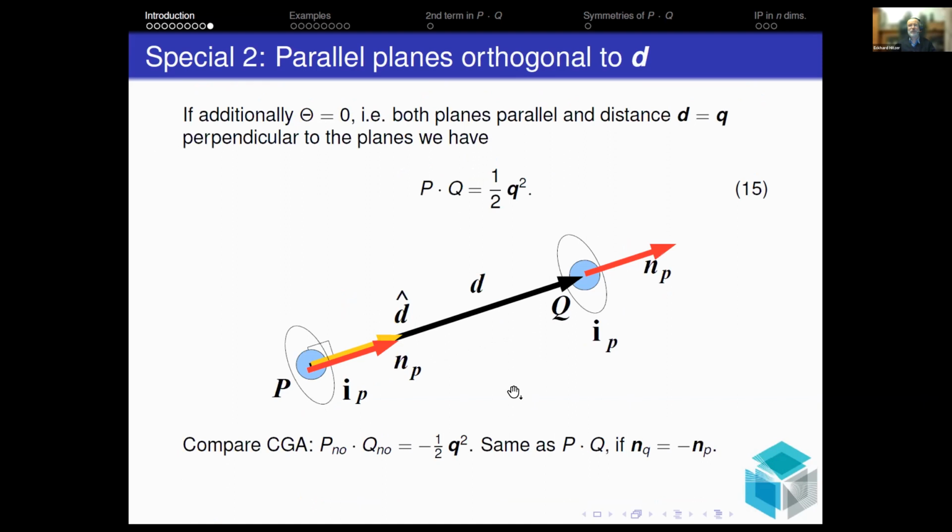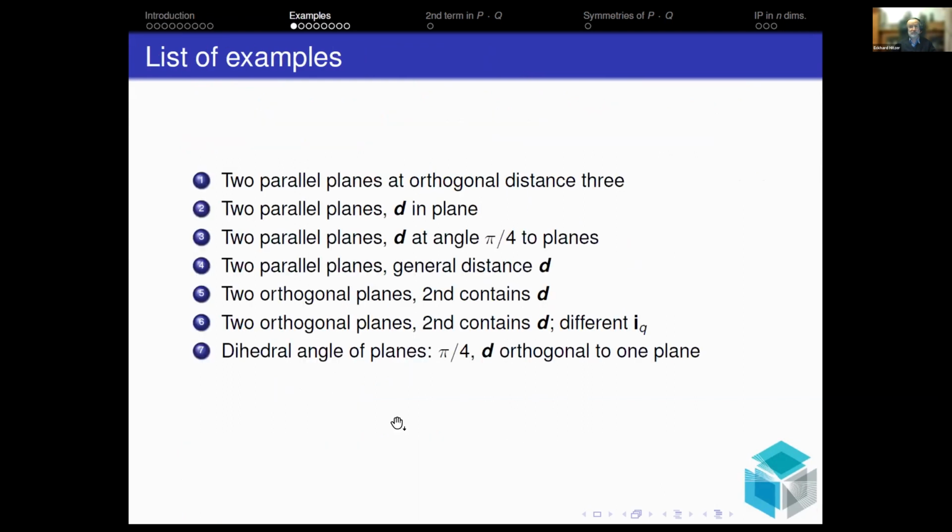And furthermore, if the planes are not only parallel, but they are orthogonal to the distance vector, then it's further simplified to 1/2 q squared. And it's pretty similar to the inner product of conformal points at the same position. It just has a minus sign. But you can get it if you flip one of the vectors.